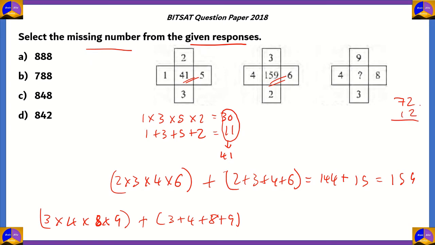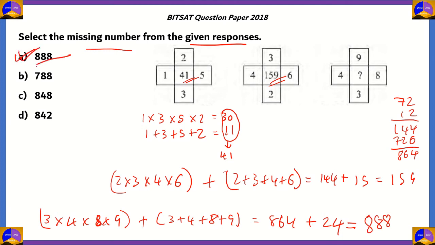Let's multiply them. 12 times 72 gives you 864. 3 plus 4 gives you 7, 7 plus 8 gives you 15, 15 plus 9 gives you 24. So now you have 864 plus 24. When you add them up, you get 888. Therefore, option A, 888, is the correct answer.